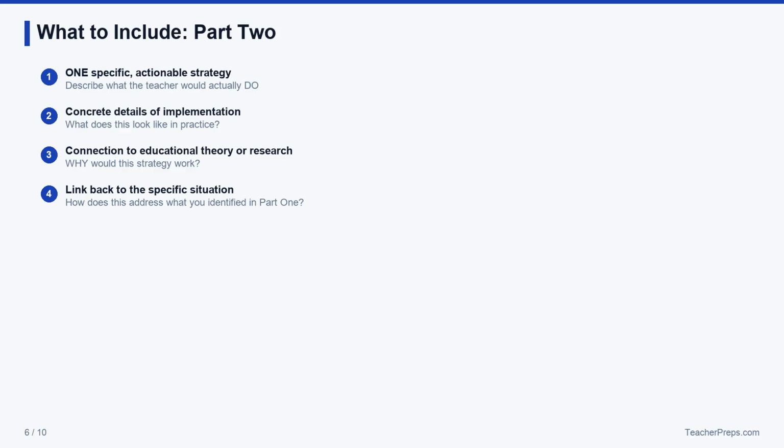Third, connect your strategy to educational theory or research. This is crucial. Mention specific concepts like schema theory, scaffolding, the zone of proximal development, or Bloom's taxonomy. This shows your professional knowledge. Fourth, link your strategy back to Part 1. Explain how it specifically addresses the need or issue you identified. This creates a cohesive response.